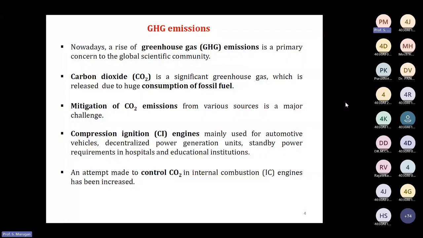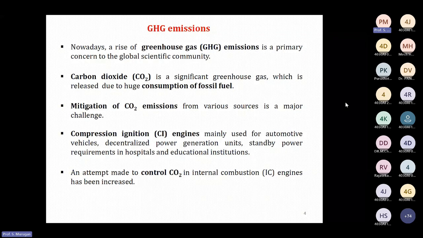Many people are working to reduce this carbon dioxide which comes out from automotive vehicles and heat engines. Despite that, we are unable to cut down this carbon dioxide in a significant way.